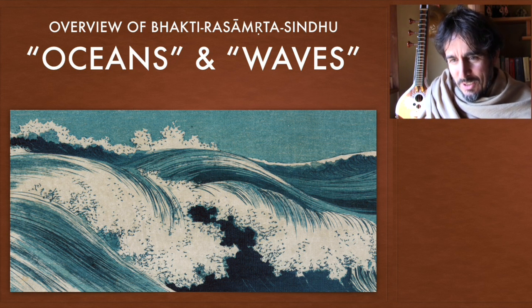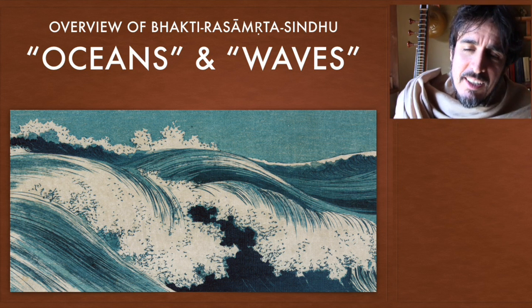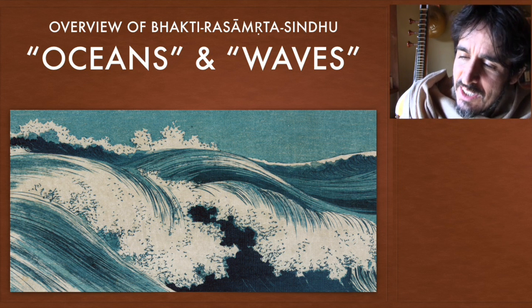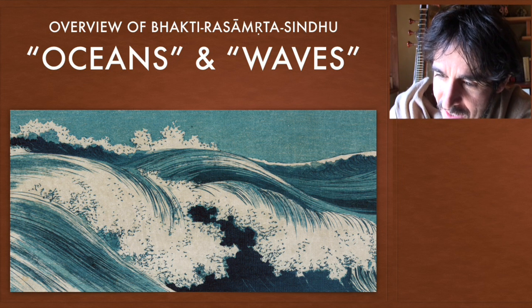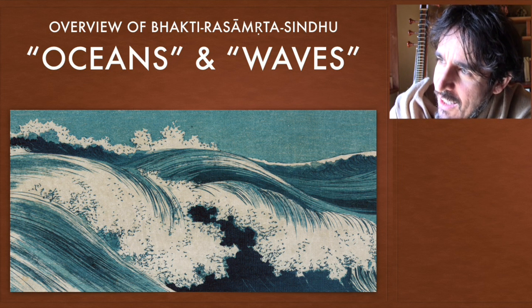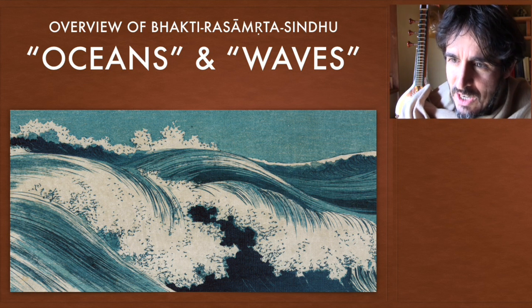He titled his book Sindhu, and Sindhu means an ocean. So within the ocean there's various seas or different sections of the ocean, and then within each ocean there's waves, and that's how he goes about referring to his part 1, part 2, part 3, part 4, and the various chapters in the book.